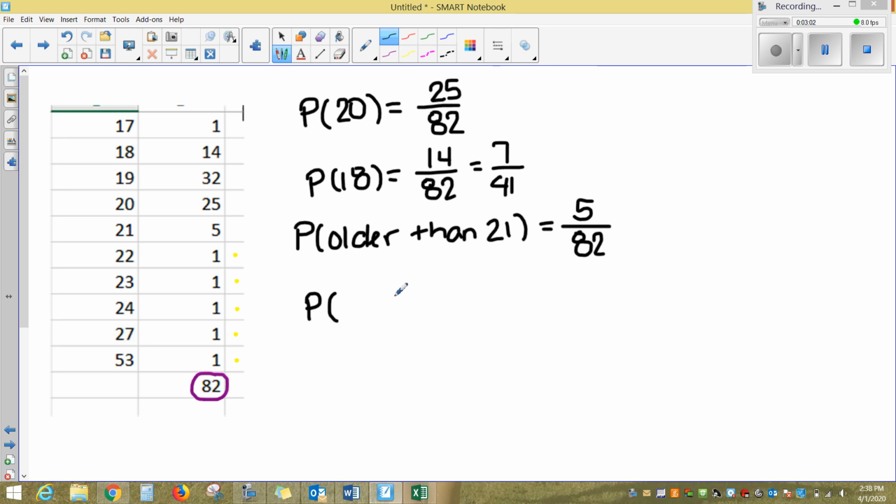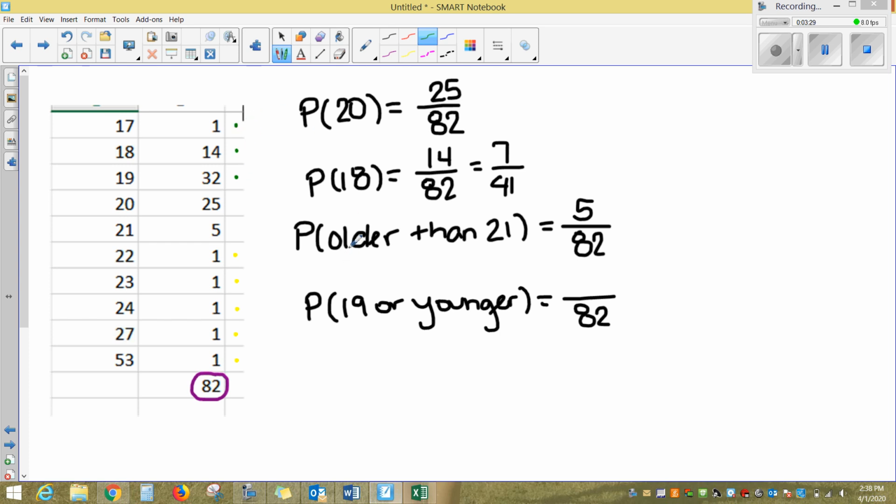Okay. I want to know the probability that that student was 19 or younger. 19 or younger includes 19. Okay, maybe it has a less than or equal to sign if I'm looking at a different situation where the table's presented maybe in a different way.